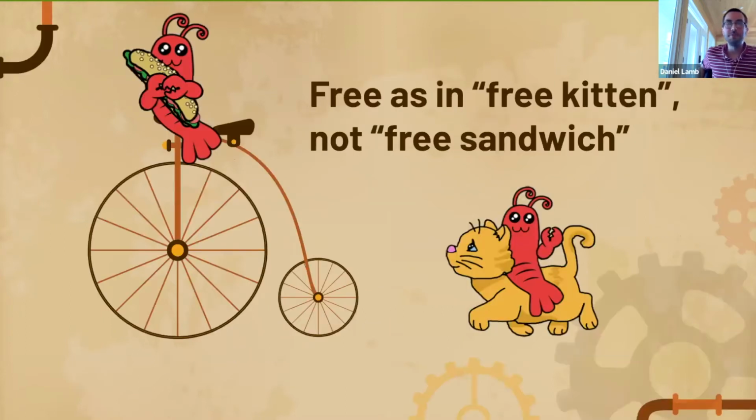So all of this comes for free. You get it all. You don't have to pay anything, right? But if someone gives you a free sandwich, you can eat that sandwich, and then your obligation is over. You don't have to do anything. However, if someone gives you a free kitten, the kitten itself was free, but you still have to take care of that kitten. It needs love. It needs food.